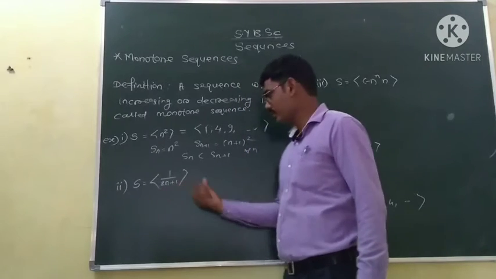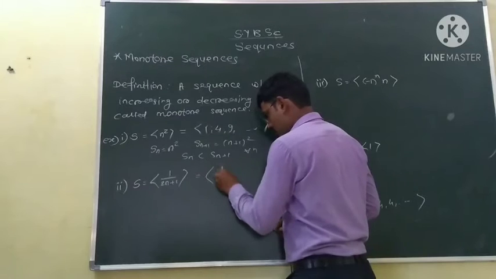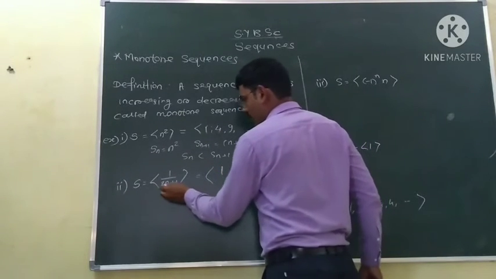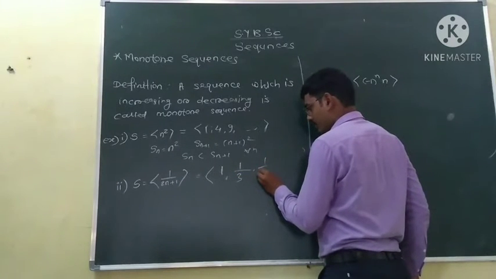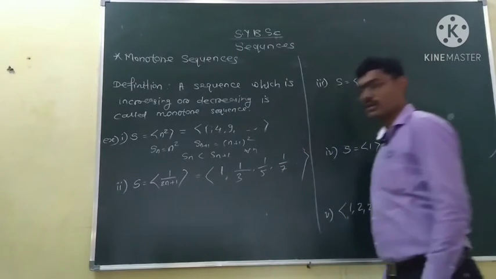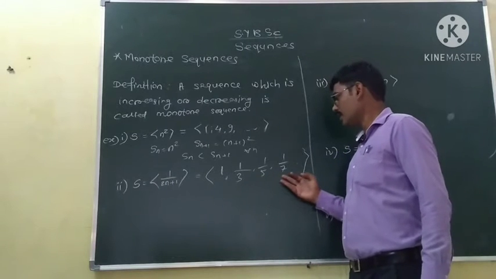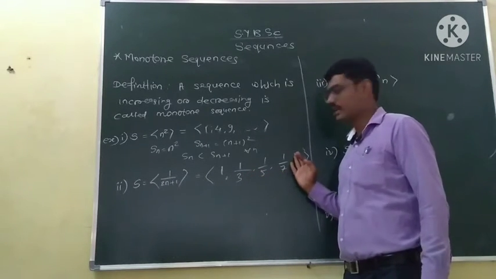So now in this sequence we can write the elements like 1 upon 2 into 1 plus 1, so 1 by 3, 1 by 5, 1 by 7, up to so on. Now see, here the denominator goes on increasing, so the elements go on decreasing.